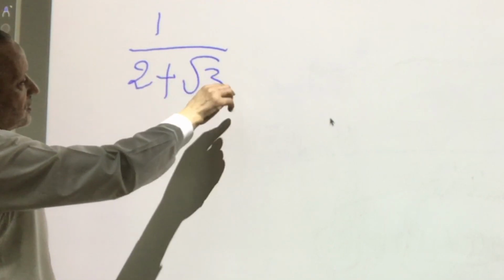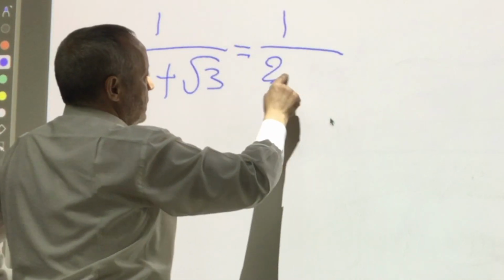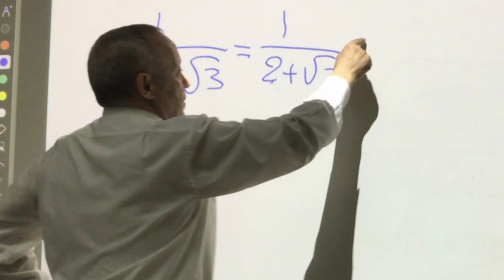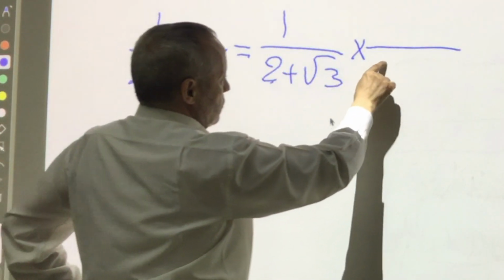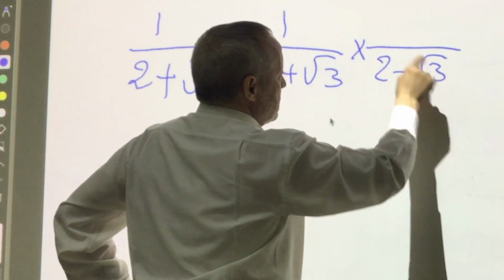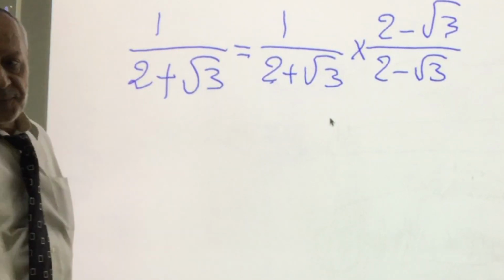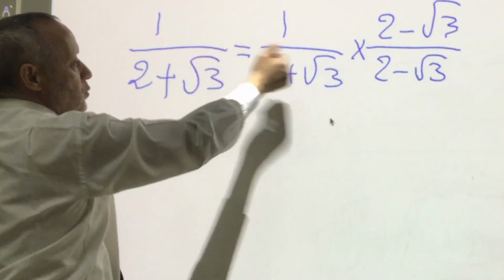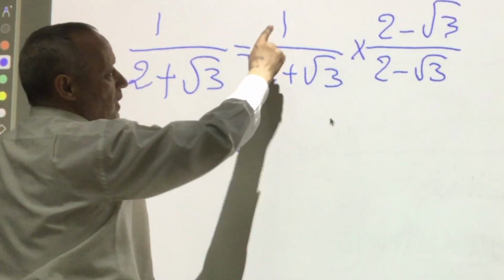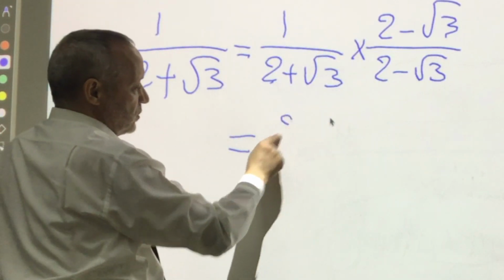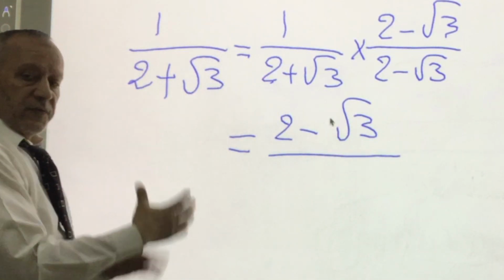You have to just use the fact that if you multiply this fraction by the conjugate 2 minus square root of 3 up and down, these two are equivalent, because you multiply up and down with the same value. And now I multiply this, I get 1 times 2 minus square root of 3, which is 2 minus square root of 3, over, and here I told you what to do, difference of squares.